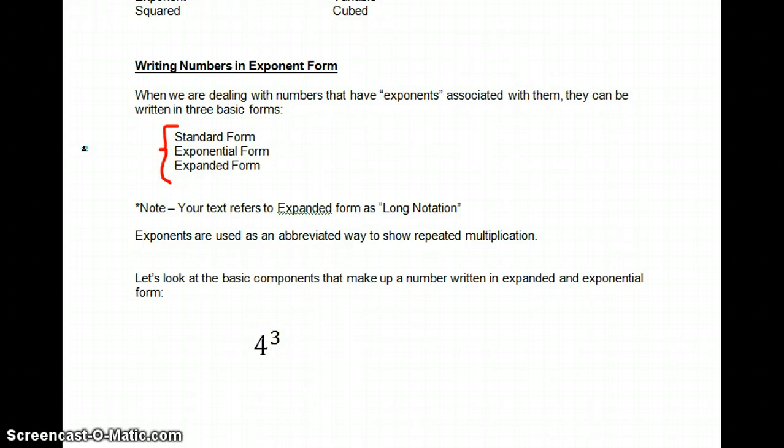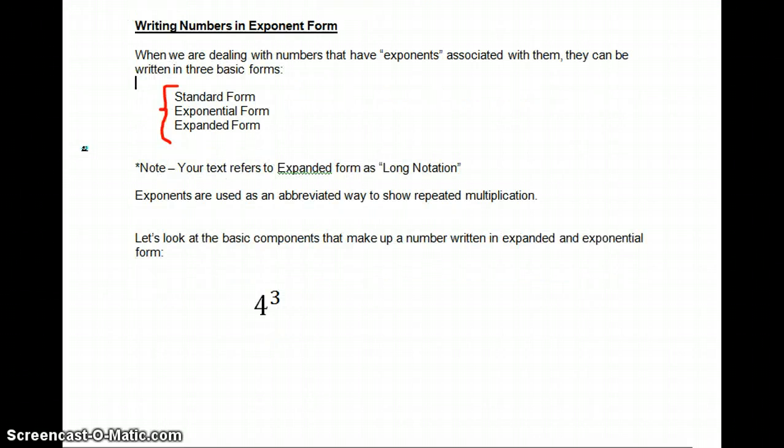Note, your text refers to expanded form as long notation. So please be able to use those two terms interchangeably, but I will refer to the third form as expanded form, as that is my preference.